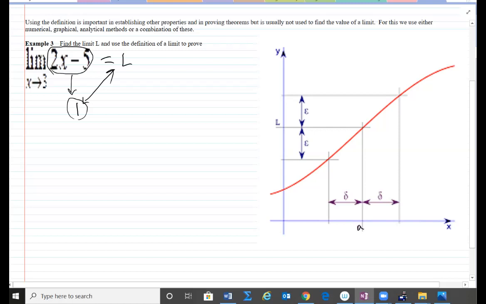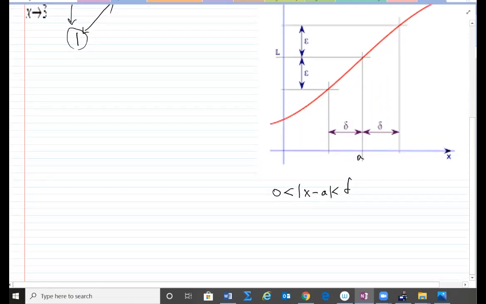Now, this is graphically what's happened. This expression, the absolute value of x minus A less than delta, greater than 0. If you open this up, first of all, this part here only tells us that x is not going to be equal to A. We're not concerned with x equal to A. That's what this tells us.